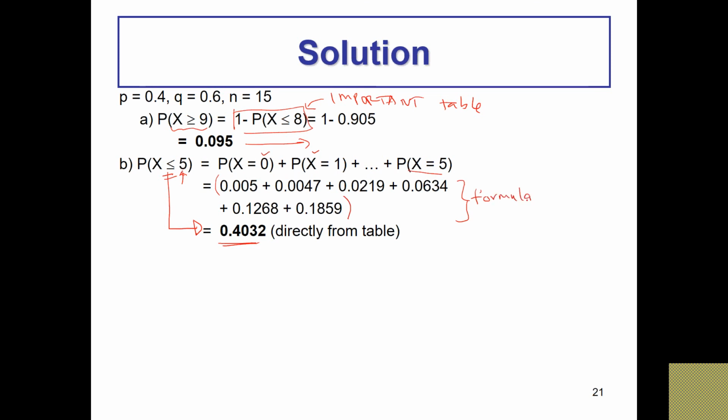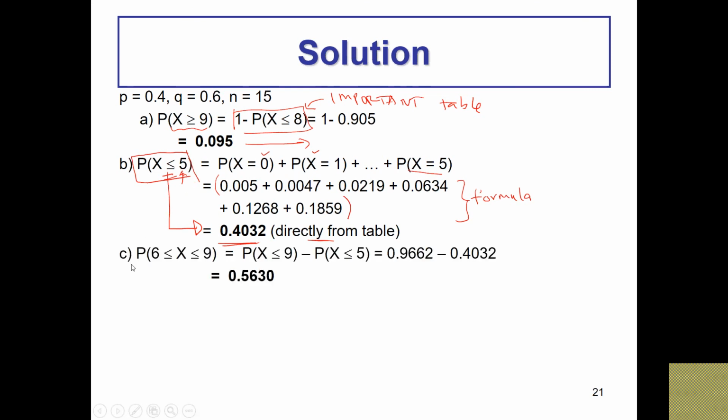A shortcut is just to look at the table directly, because our binomial table is already in the form of cumulative.